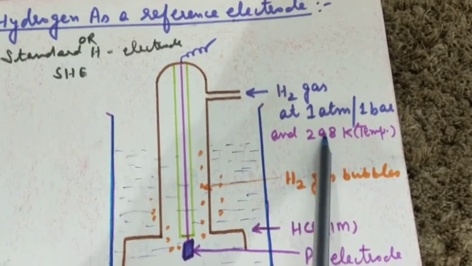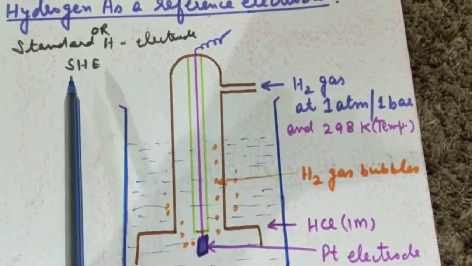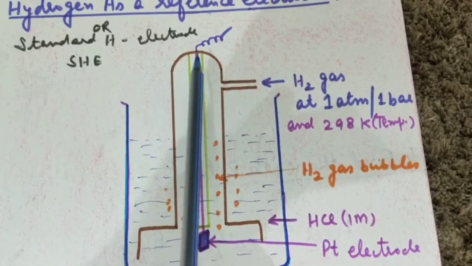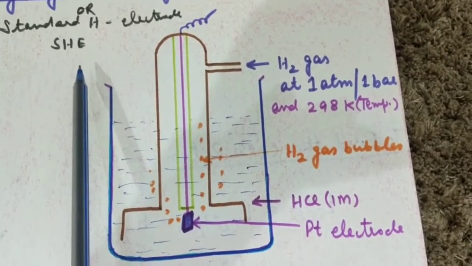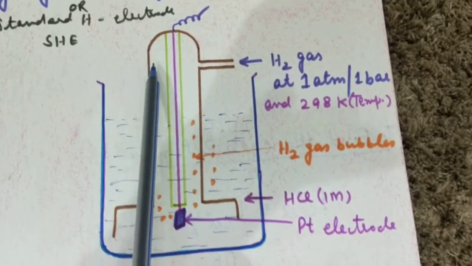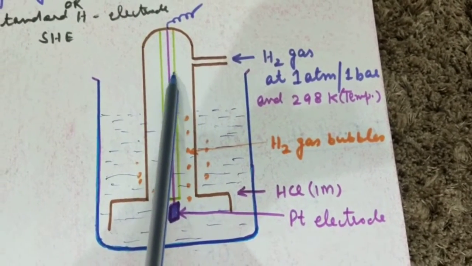That's why we call this electrode the standard hydrogen electrode, SHE. We also call it the normal hydrogen electrode, NHE.